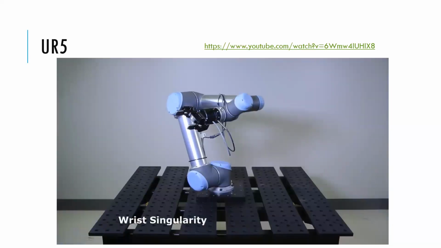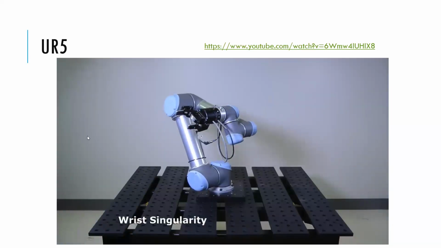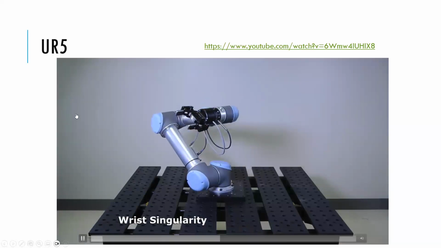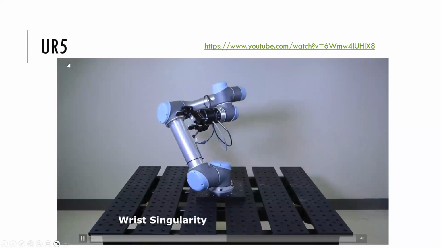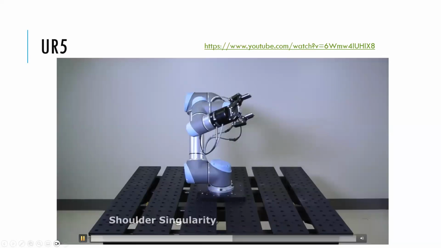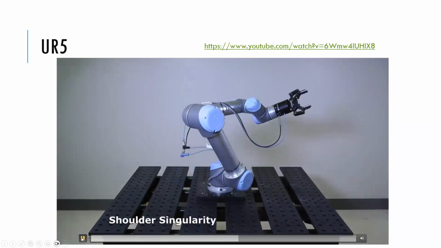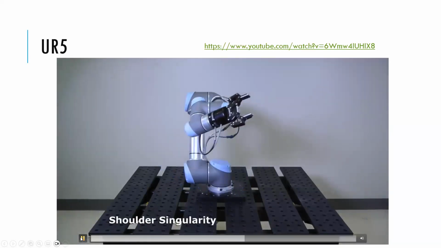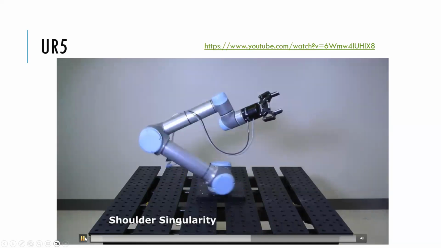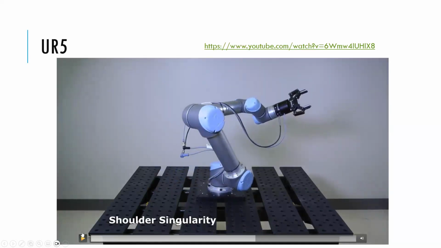The 5 here stands for the amount of payload it can have, I think a 5-kilogram payload is the max. They have a UR5, a UR10, and UR3 series as well. And we're going to spend a little bit more time with that in this class.